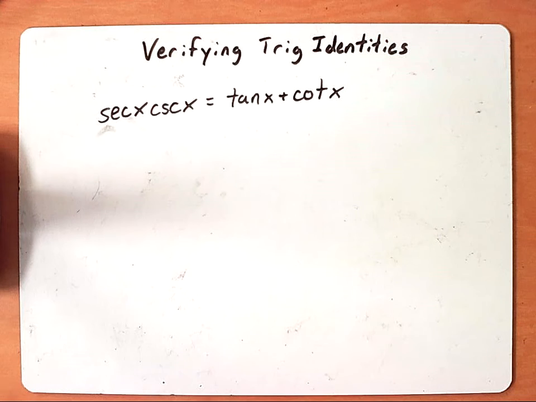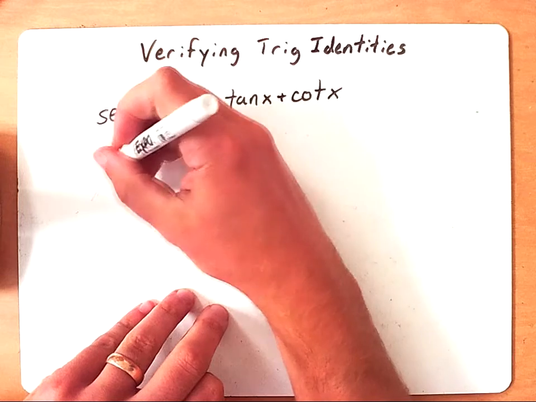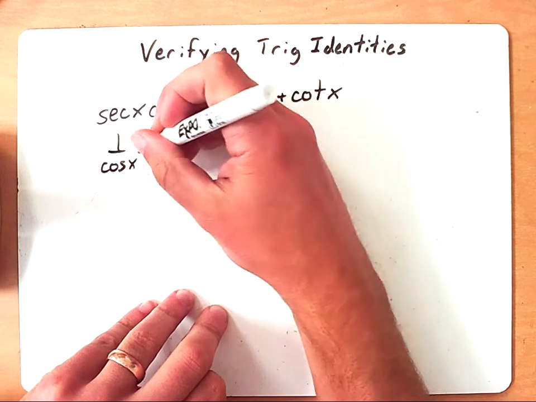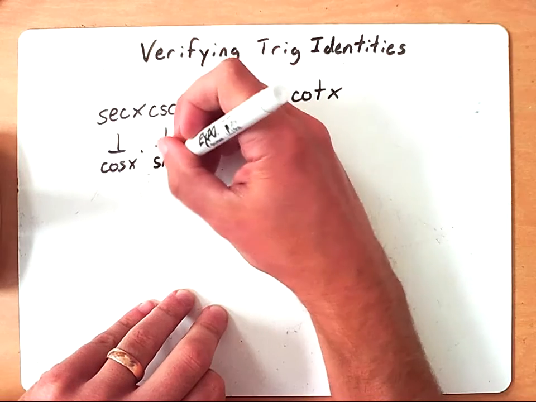All right, so this is our last problem. We have secant of x times cosecant of x equals tangent of x plus cotangent of x. So the easiest thing to do here is probably just to put both of these in terms of sine and cosine. So if I do that, on the left I'm going to have 1 over cosine of x times 1 over sine of x.